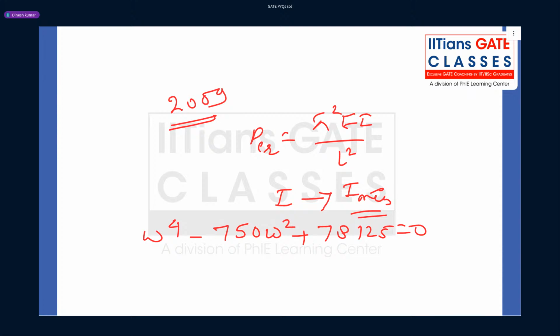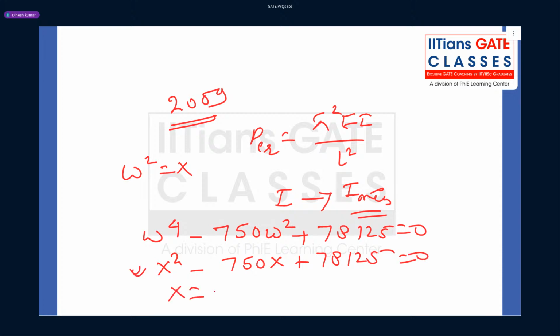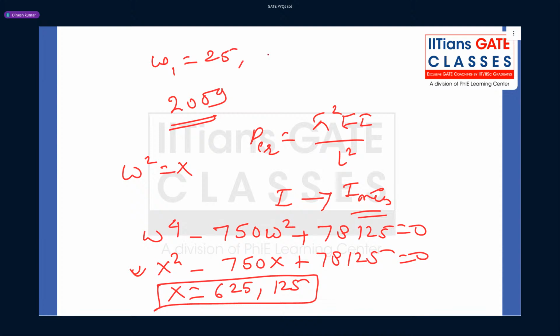Now guys, you can always substitute omega square equal to x. So you find x square minus 750x plus 78125 equal to 0. The roots of this equation, x values, will be 625 comma 125. So from here we find omega 1 will be 25 and omega 2 will be 11.18. That's the highest natural frequency, so it is 25. Clear? So 25 is the answer. Yeah, 5k square.